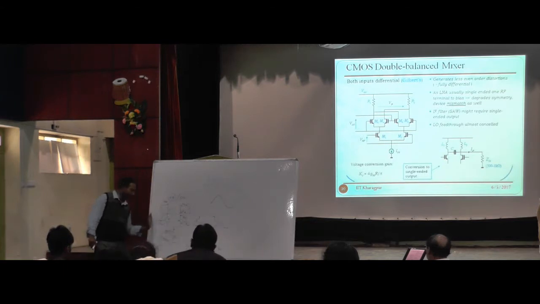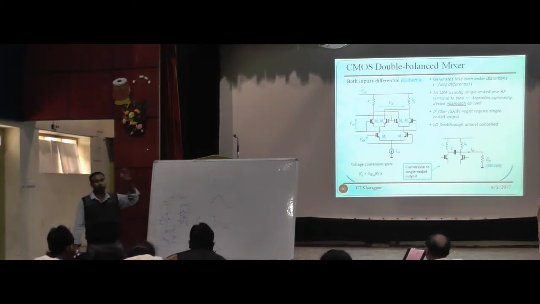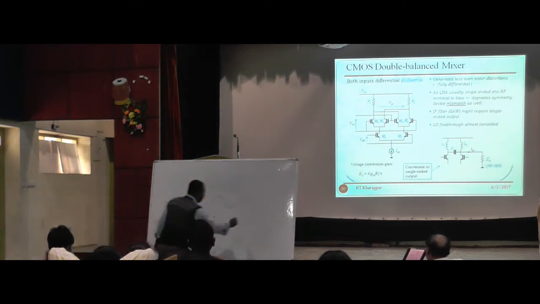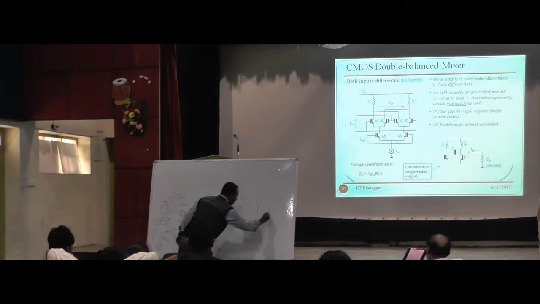You need a switch, a commutator. But if you apply more overdrive voltage, or let's say a square wave whose amplitude is much higher, what could be the issue? Okay, let's say it is a single differential amplitude.